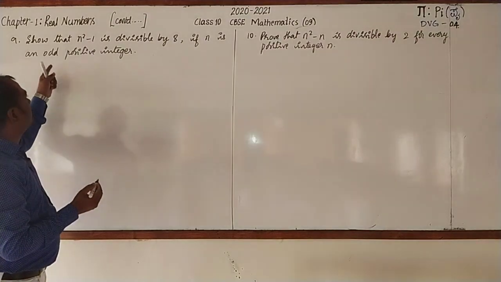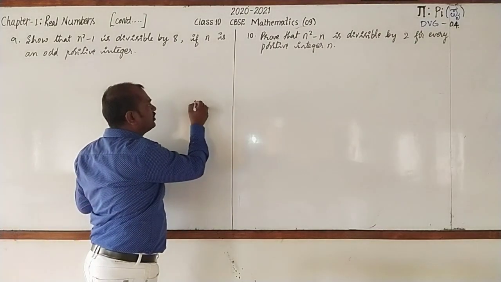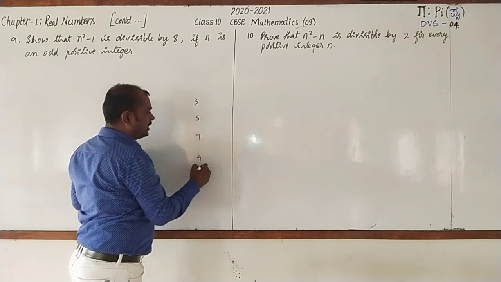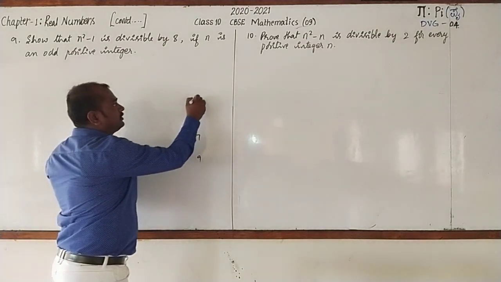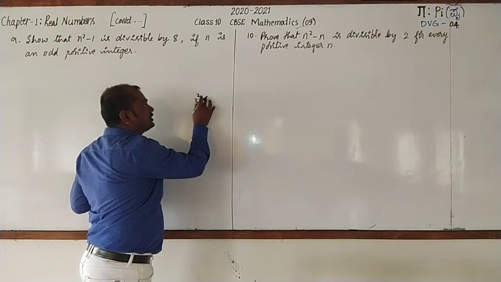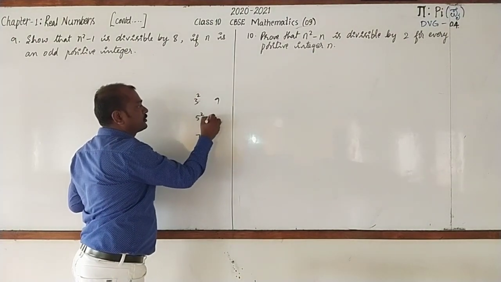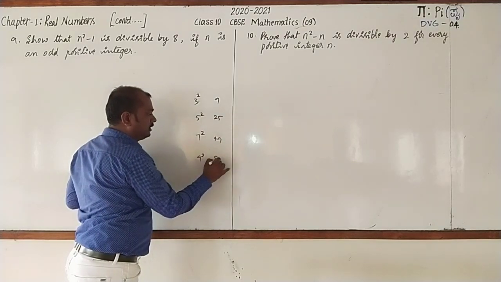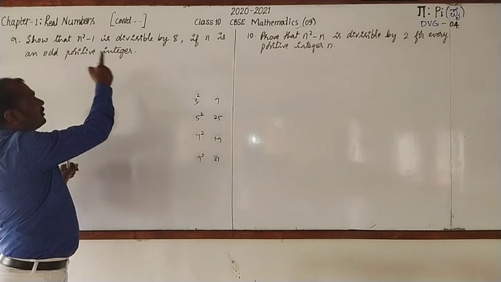If n is an odd positive integer, you may go for taking the odd positive integers like 3, 5, 7, 9 and so on. See, 3 square is 9, 5 square 25, 7 square 49, 9 square 81, n square minus 1.